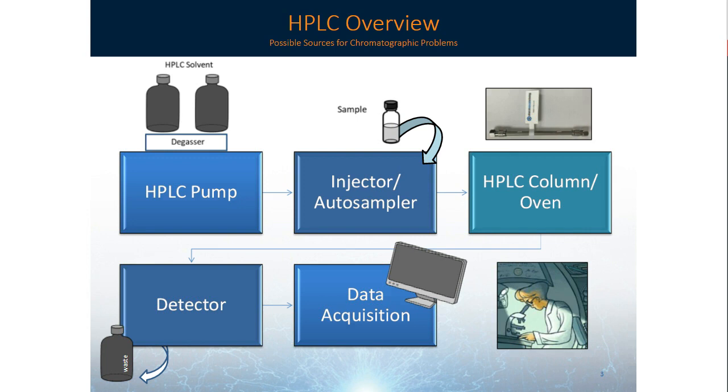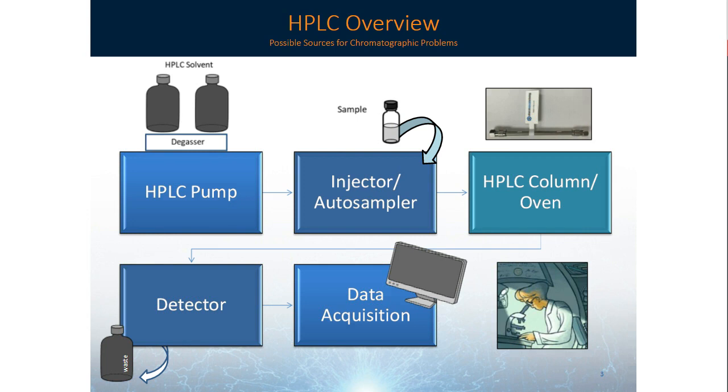Next, we'll go into the injector or the autosampler, and this is where your sample is going to get introduced. A couple things can happen here, whether your needle gets plugged up, your rotor and stator can also get scratched over time. And then don't forget about your sample. Your samples can degrade over time and also get contaminated, really contaminate your LC. You have a HPLC column oven.